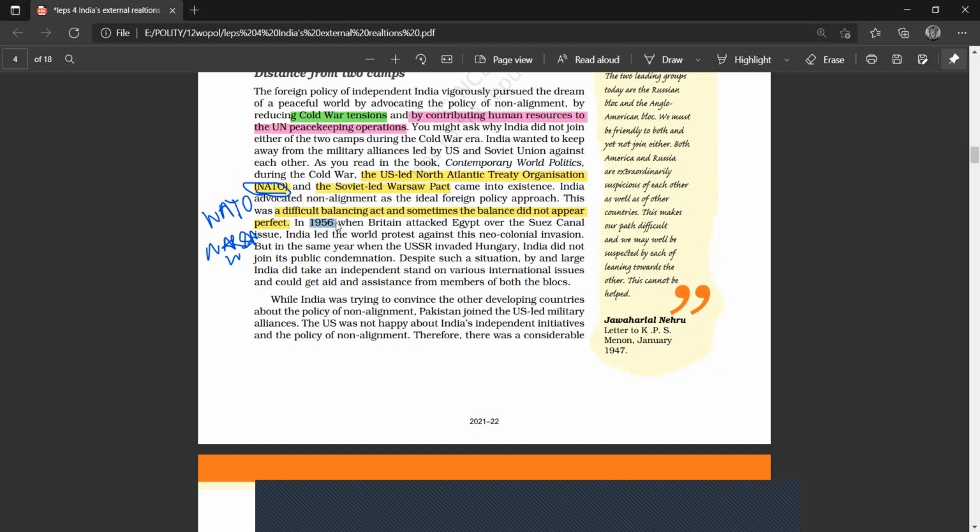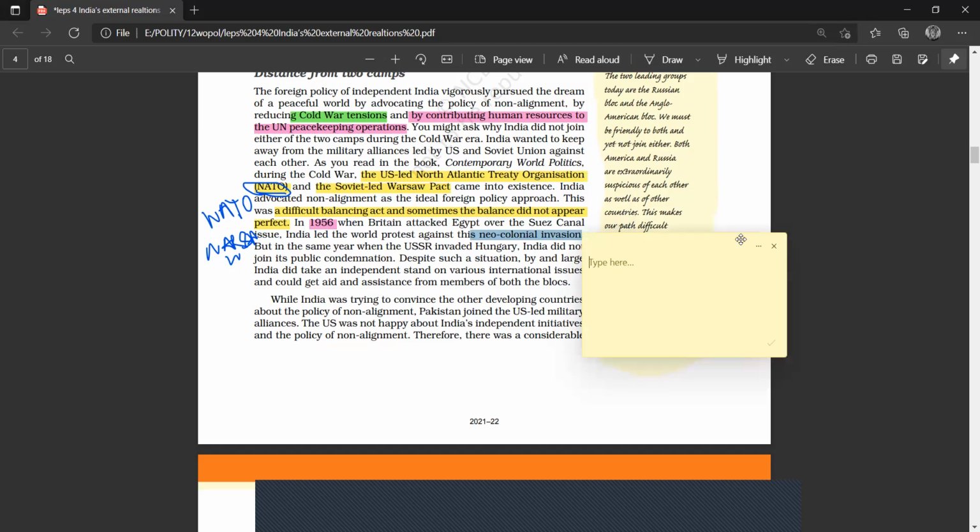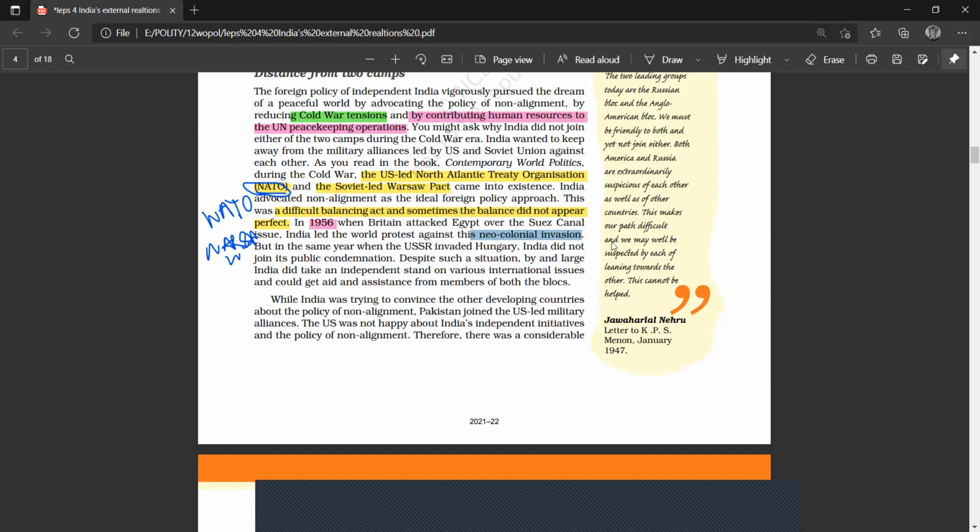In 1956, when Britain attacked Egypt over the Suez Canal issue, India led the world protest against this neo-colonial invasion, because from the very start we are against imperialism and colonialism. But in the same year, when the USSR invaded Hungary, India did not join its public condemnation.